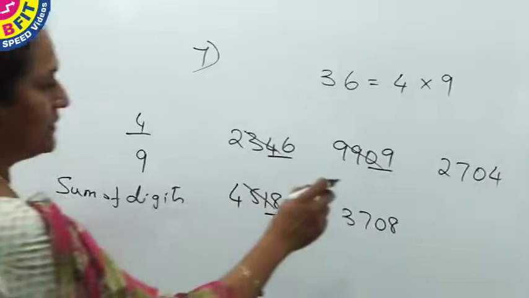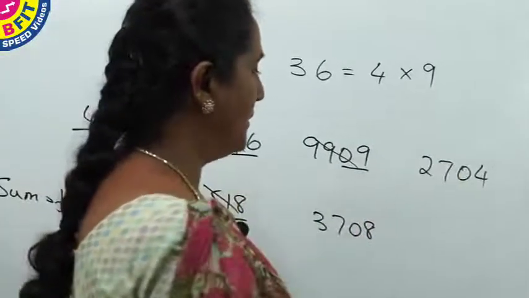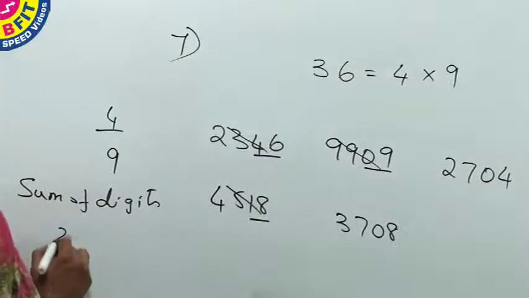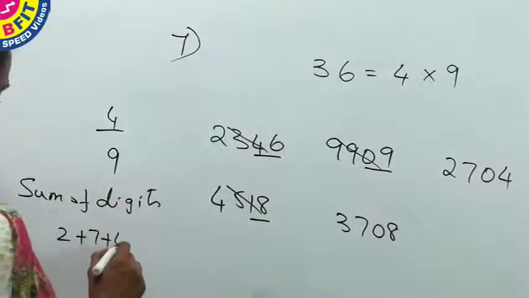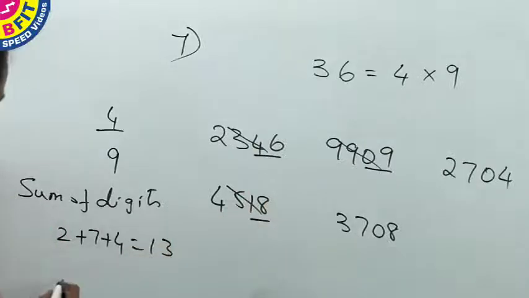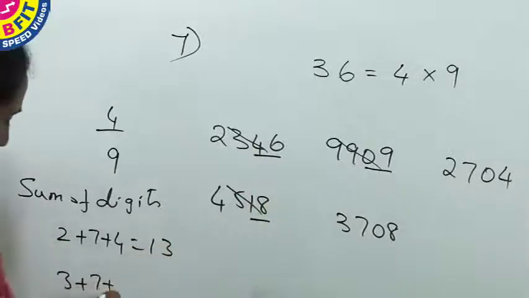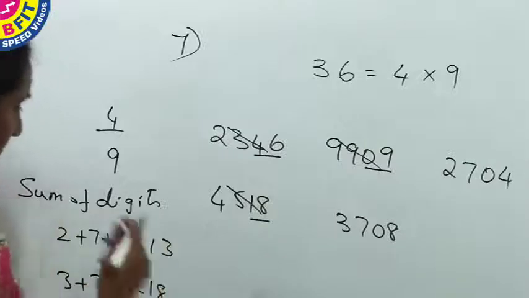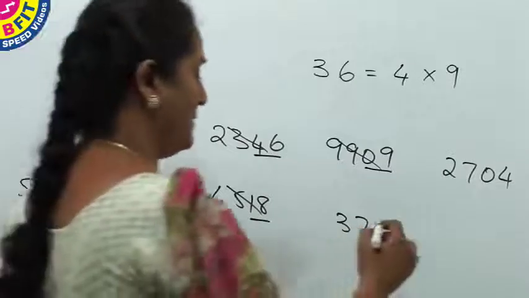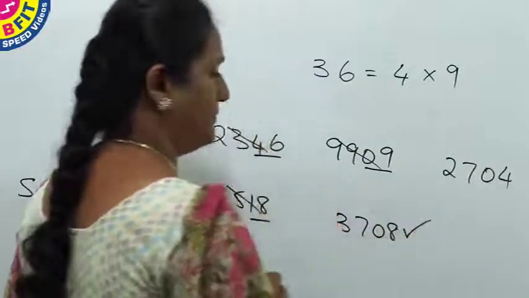When you add the digits in the number 2, 7, 0 and 4, it is 13. And in the other number the digit sum is 18. So the number which is divisible by 36 is 3708.